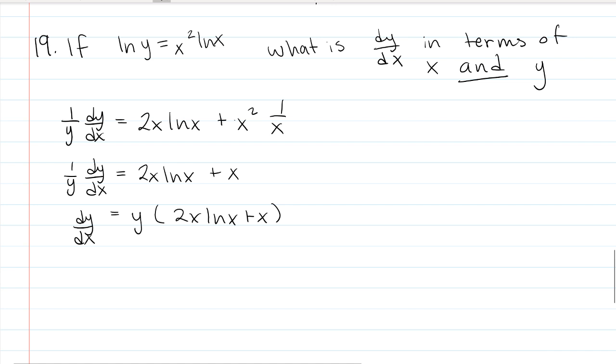And this isn't any of the answer choices right now, but if we factor the x out, we have x times 2 natural log of x plus 1, which is answer choice A.